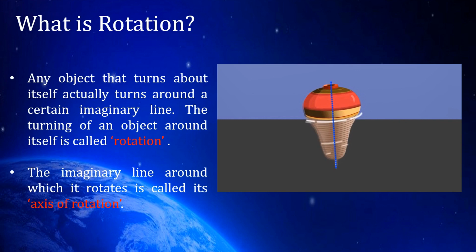The imaginary line around which it rotates is called the axis of rotation. So children, this blue line is an imaginary line around which the top rotates, and it is called the axis of rotation. Not only a top, any object when it rotates around itself is said to be in rotation. Okay children.